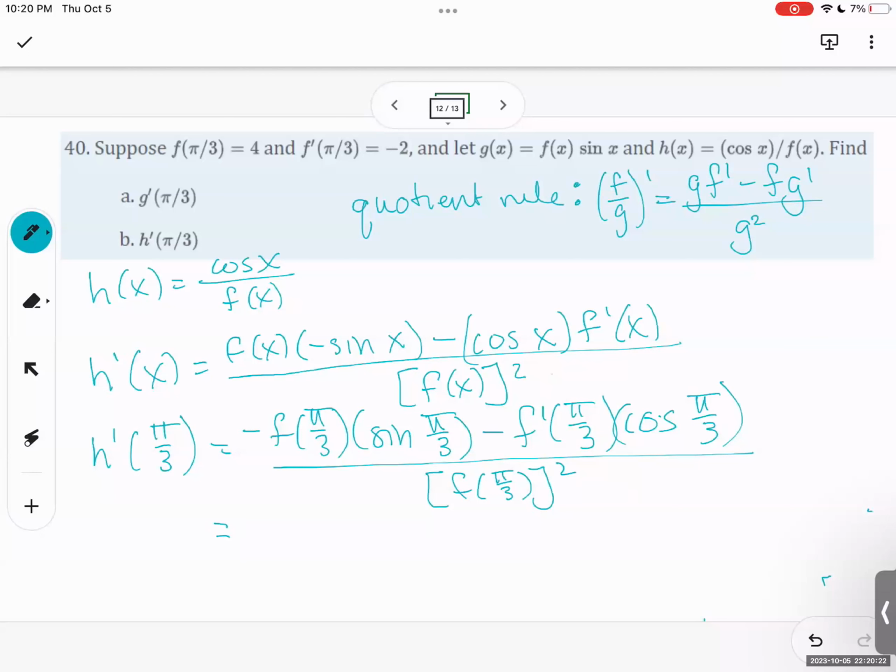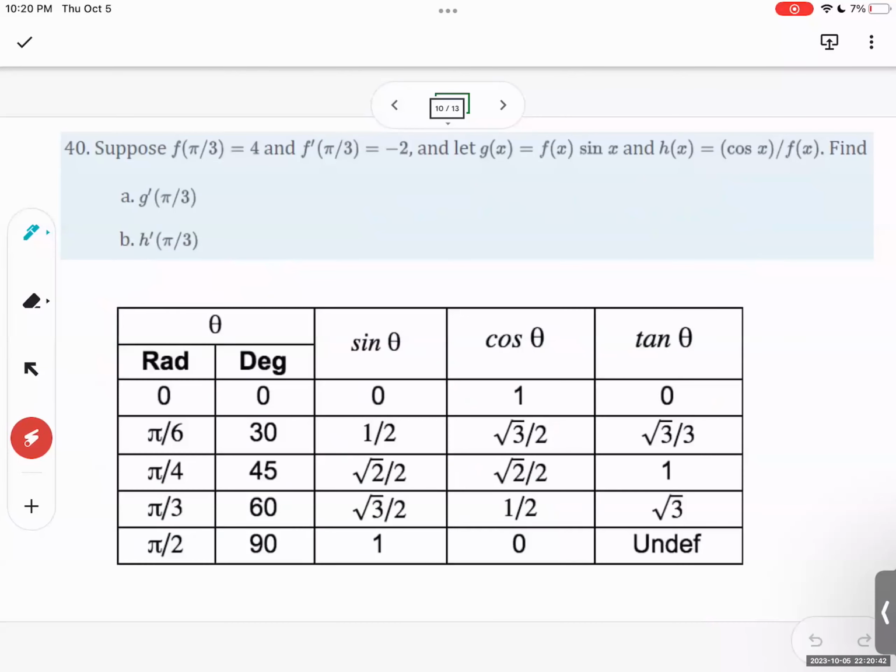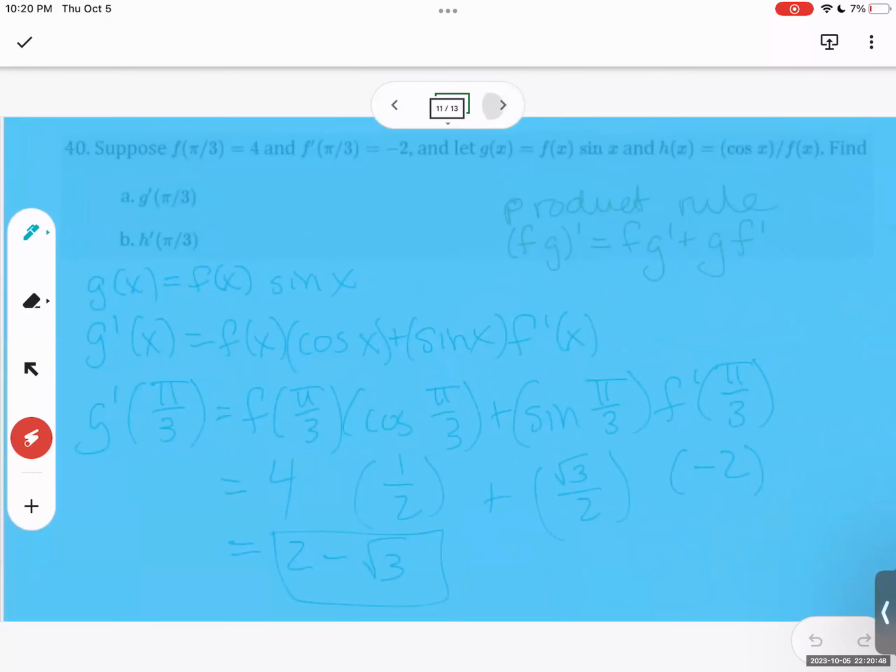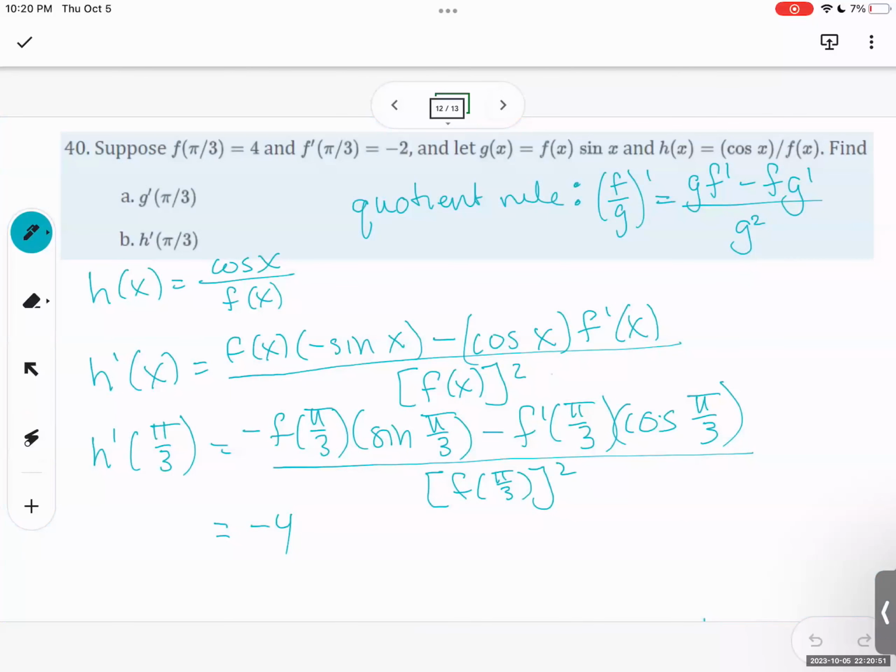So f of pi over 3, again, is equal to 4. So we have minus 4 times sine of pi over 3, which we can look up again. Sine of pi over 3 is root 3 over 2. Cosine is 1/2. Root 3 over 2 minus f prime of pi over 3, which is equal to negative 2.